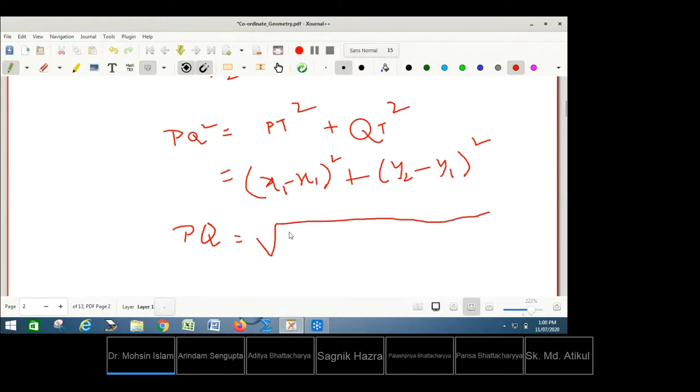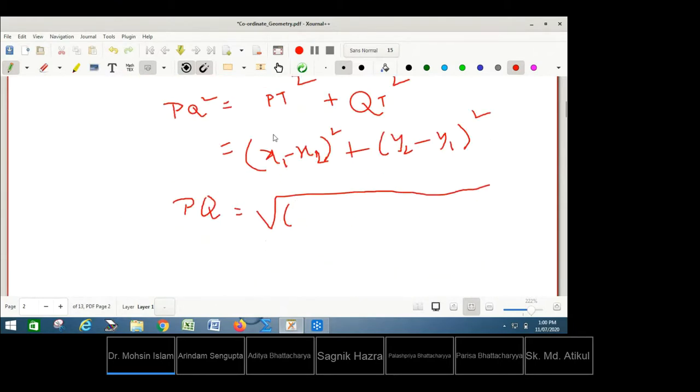Because distance cannot be negative. So PQ is the square root of x2 minus x1 whole square plus y2 minus y1 whole square.